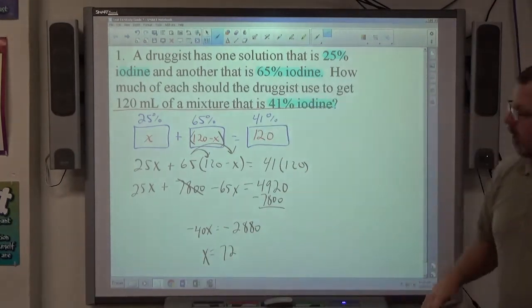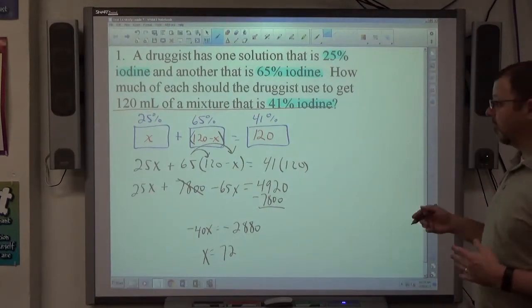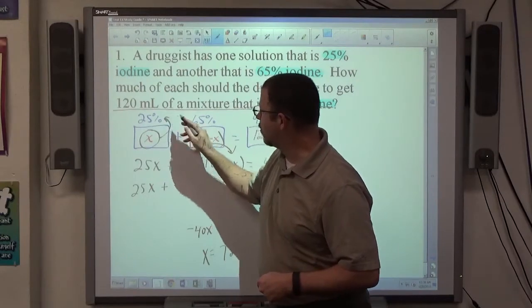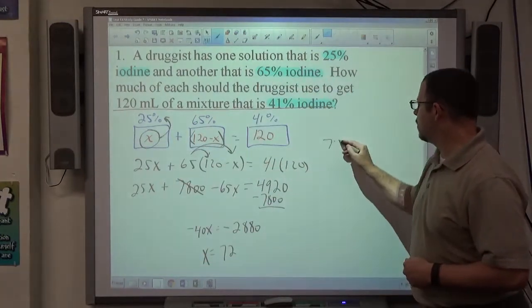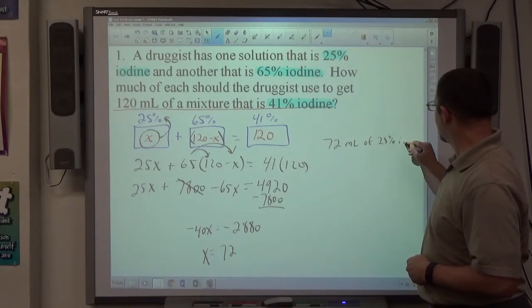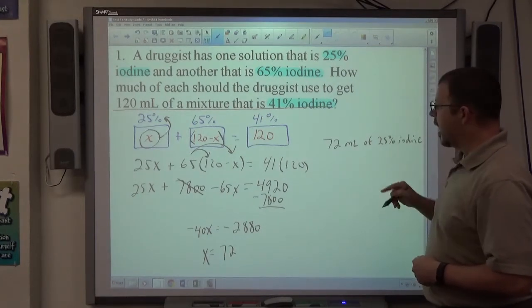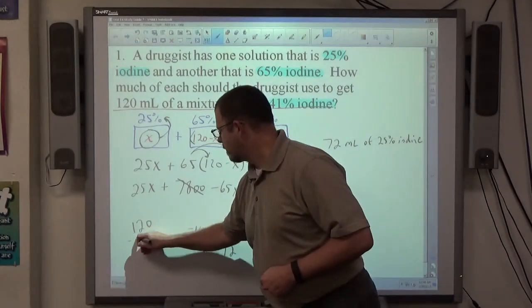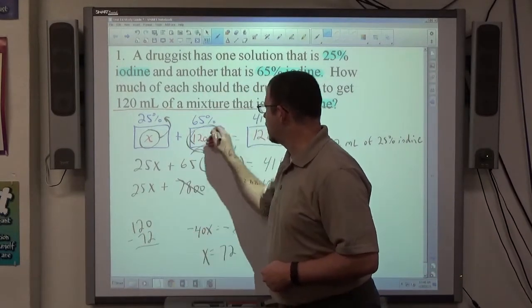Going back to the question, this is how much of each should he use? 72 represents x, which is how much 25% we have. So 72 milliliters of 25% iodine. And if I do 120 minus 72, that represents this.